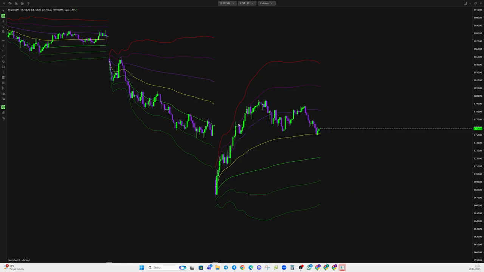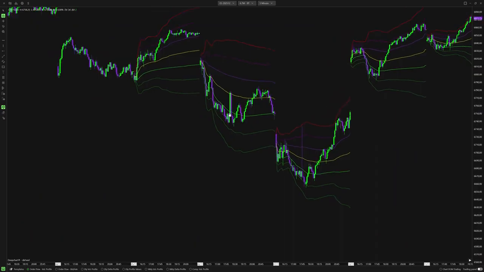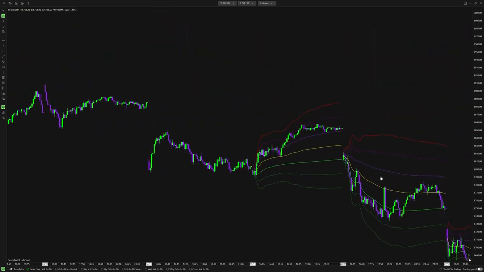Whenever we reach the second or third standard deviation, that's where typically you're going to see a lot of rejection, retracements and mean reversion setups starting to happen. So you can use these either as dynamic target levels or as extremes where it could be worth considering buying and selling to and from.